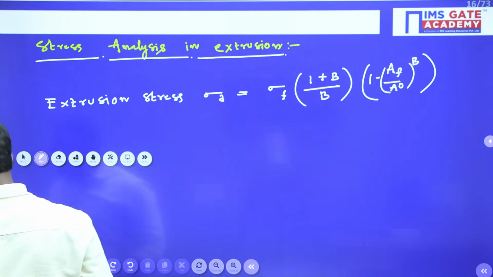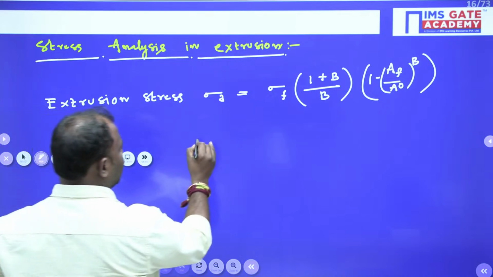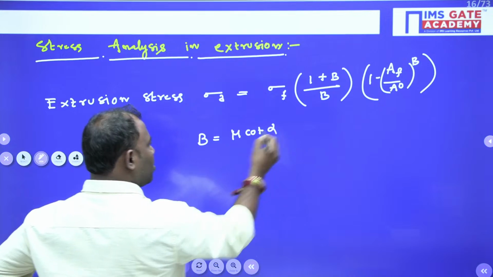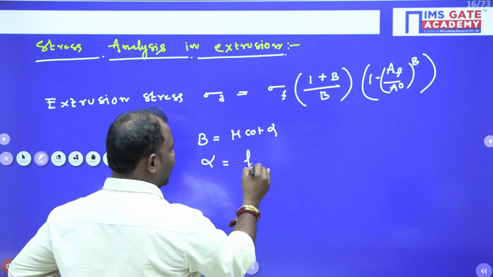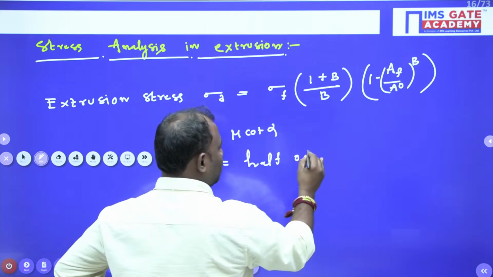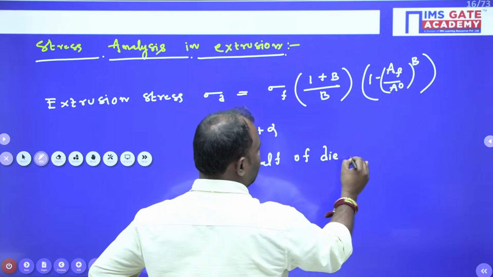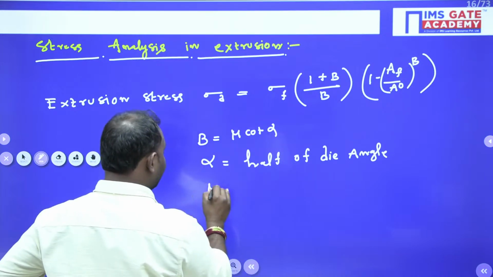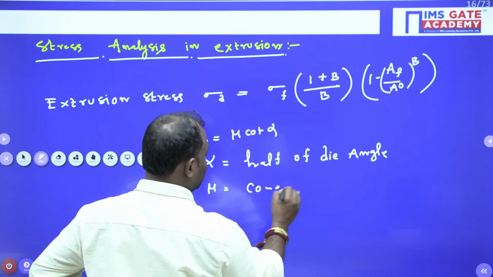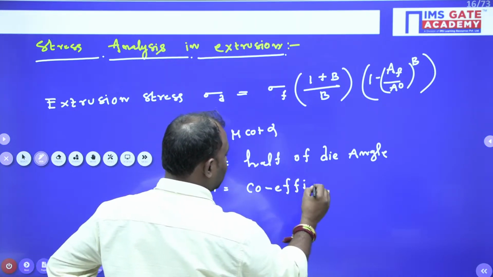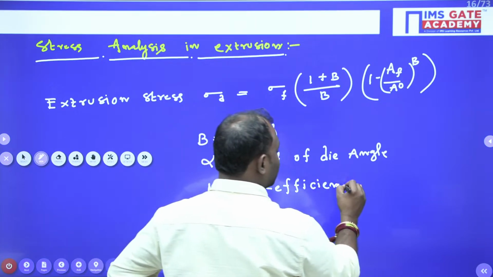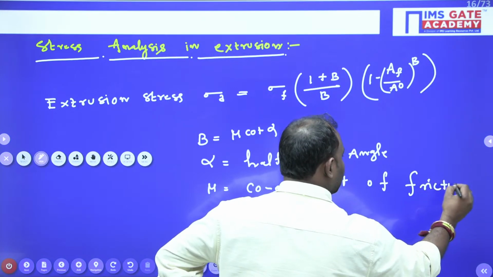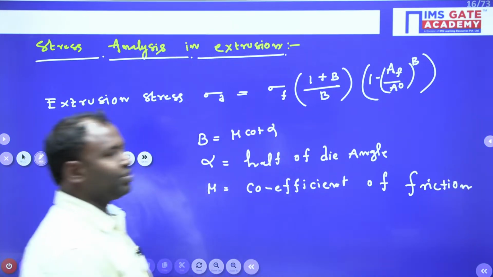Okay. Now let me give you what B is equal to. Again, B is mu cot alpha, where alpha is half of the die angle, and mu is the coefficient of friction.